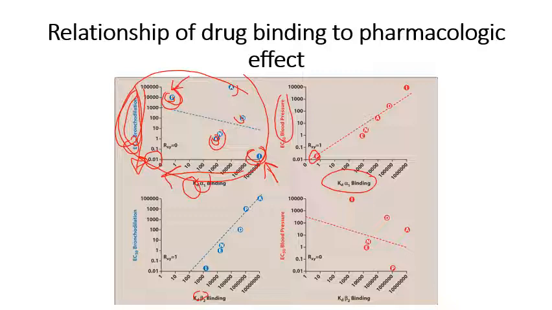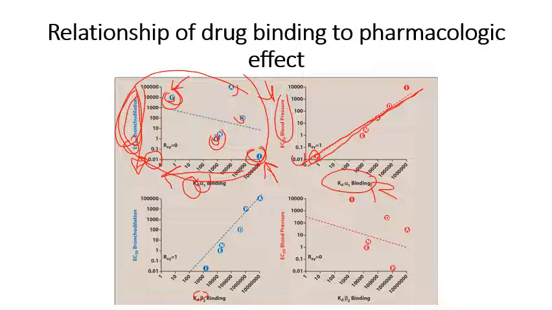At the same time, it can produce a strong physiological response, as shown by the low EC50. And then there is a direct correlation between binding of a drug, or affinity of a drug, to a receptor and the physiological response that can be caused, which is an increase in blood pressure.